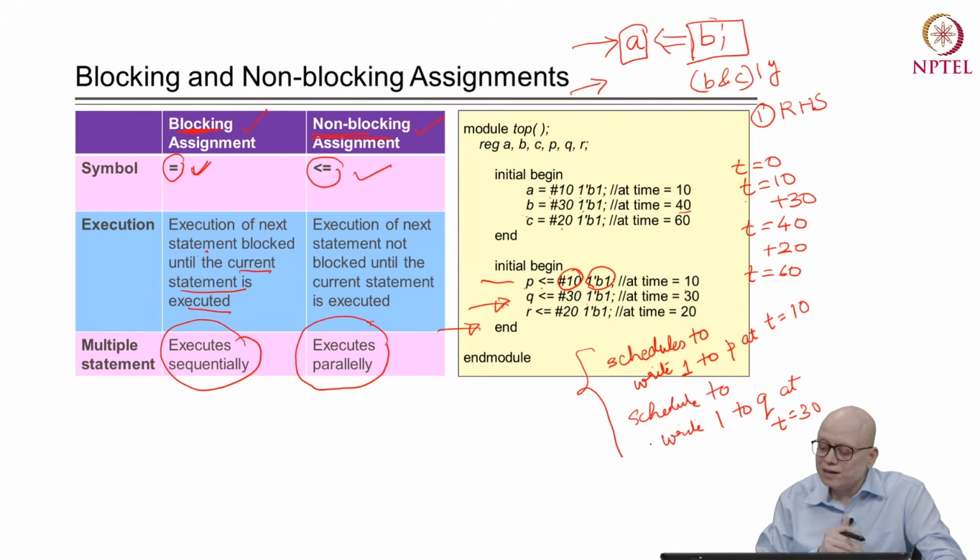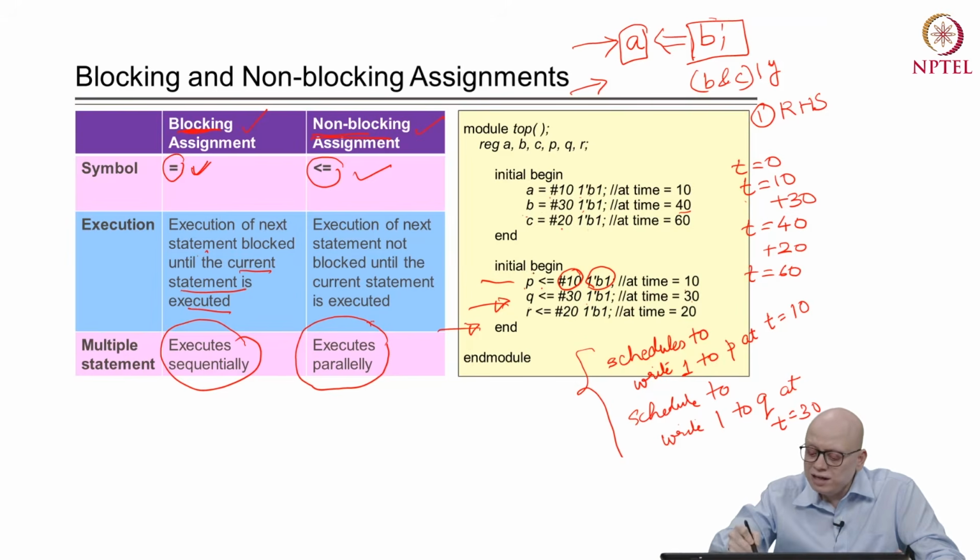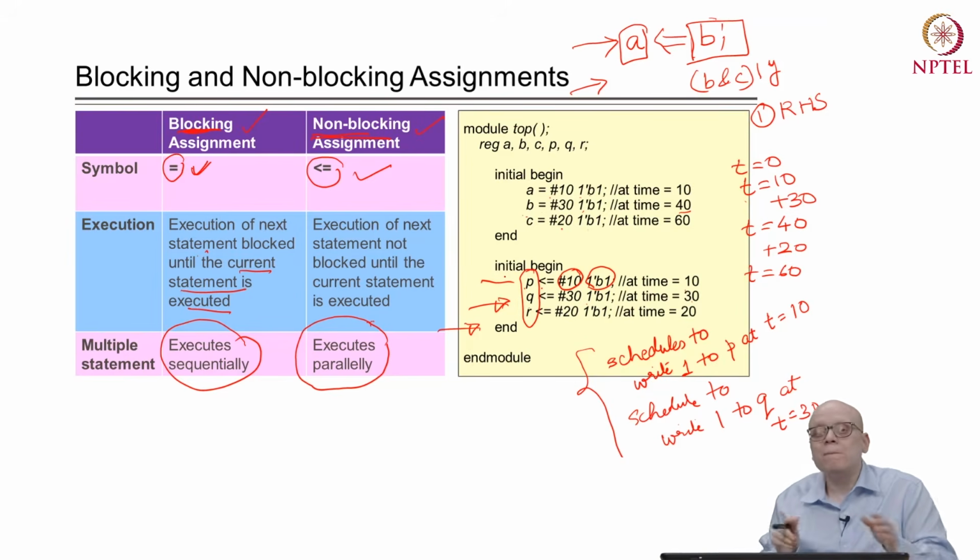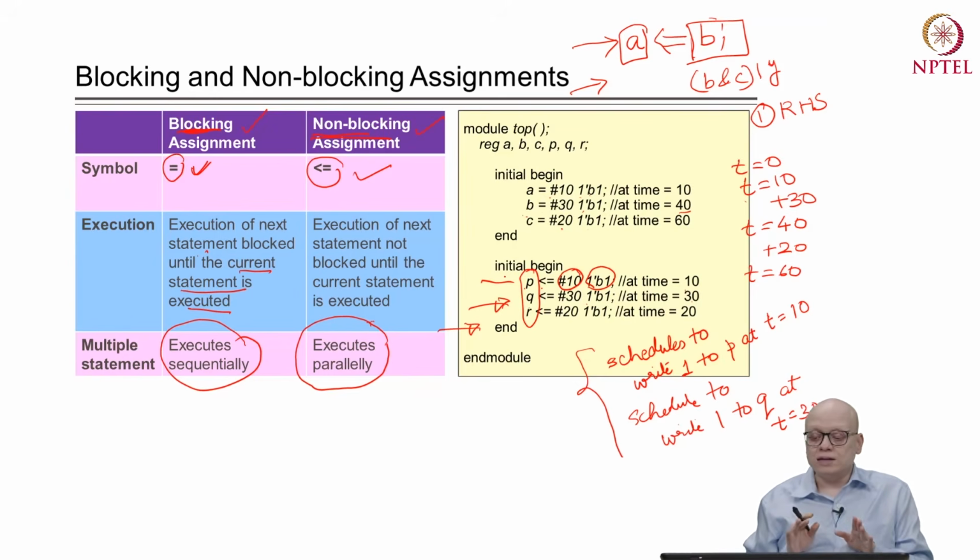So, in that sense, this P, Q, R has been written in a parallel manner, and that is the difference between the simulation of a blocking assignment and a non-blocking assignment. Non-blocking assignment, as we see, is somewhat modeling a parallel execution or parallel assignment of the registers or variables.